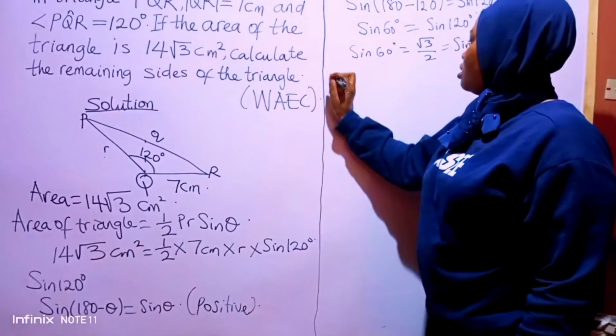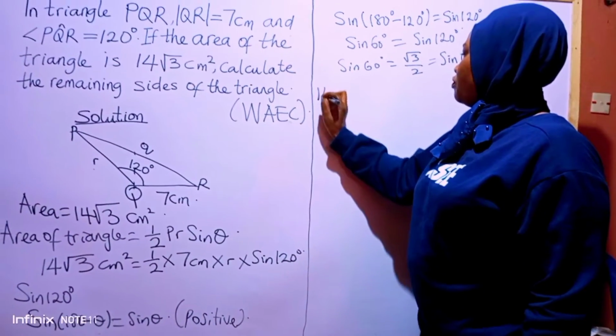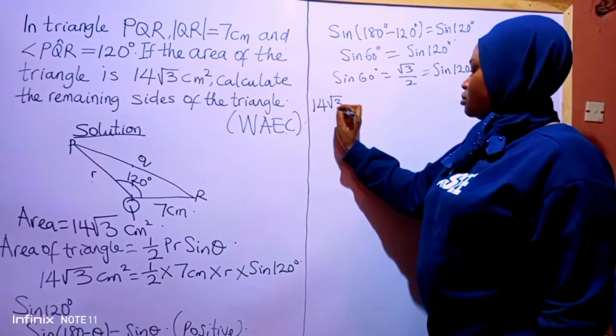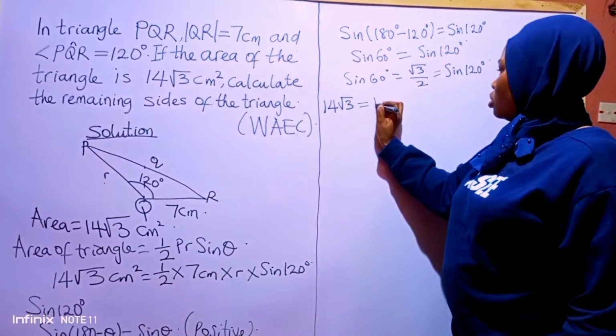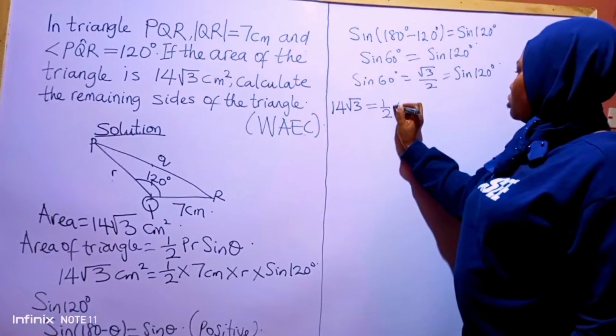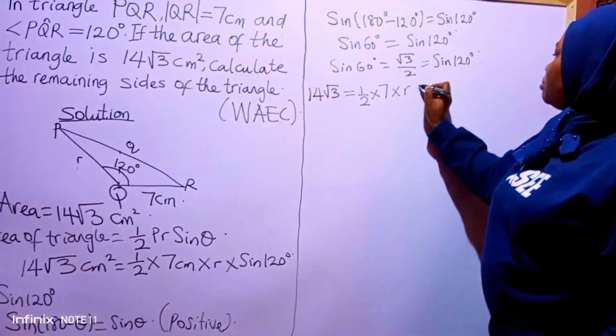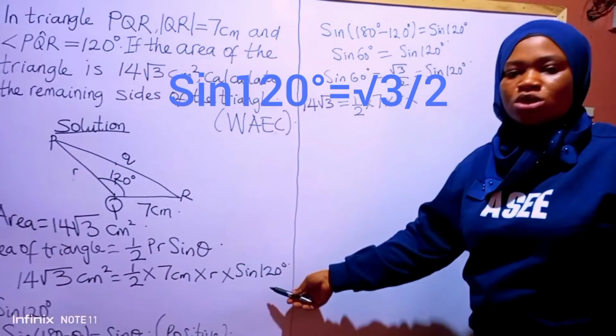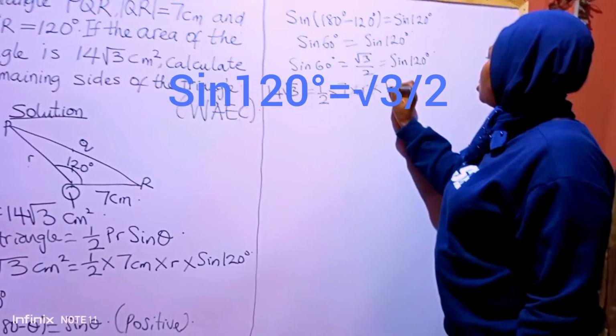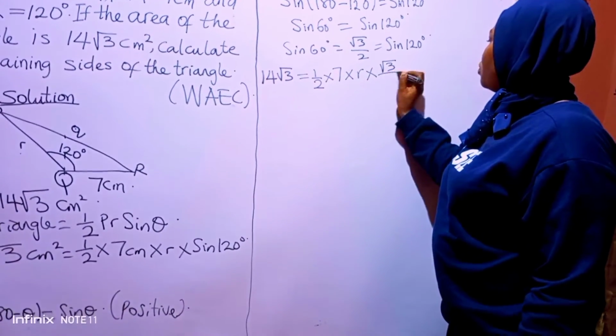The area is equal to 14√3 is equal to 1/2 multiplied by 7 multiplied by r, then multiplied by, anywhere we see sine 120 degrees, we are going to put √3/2.